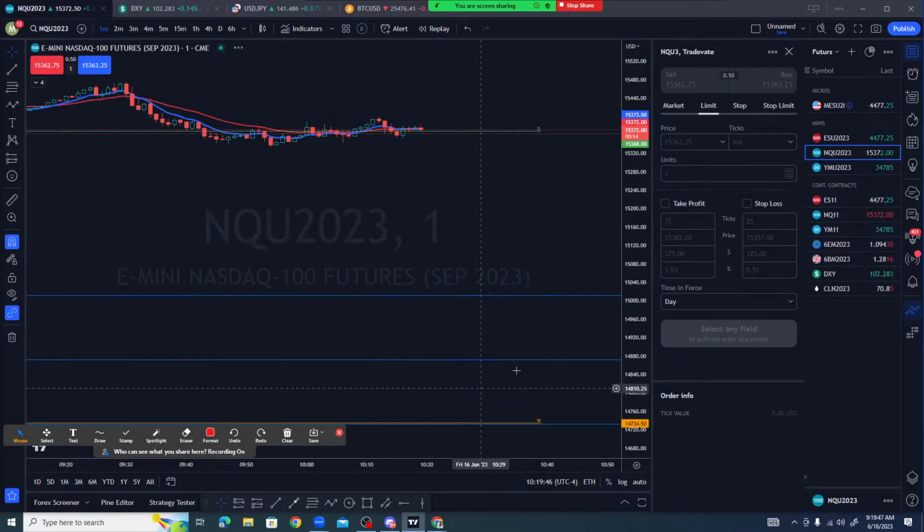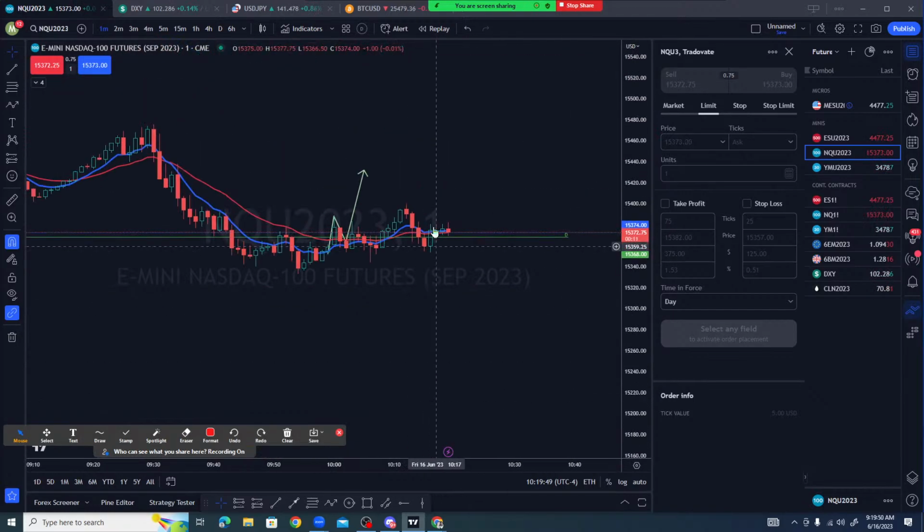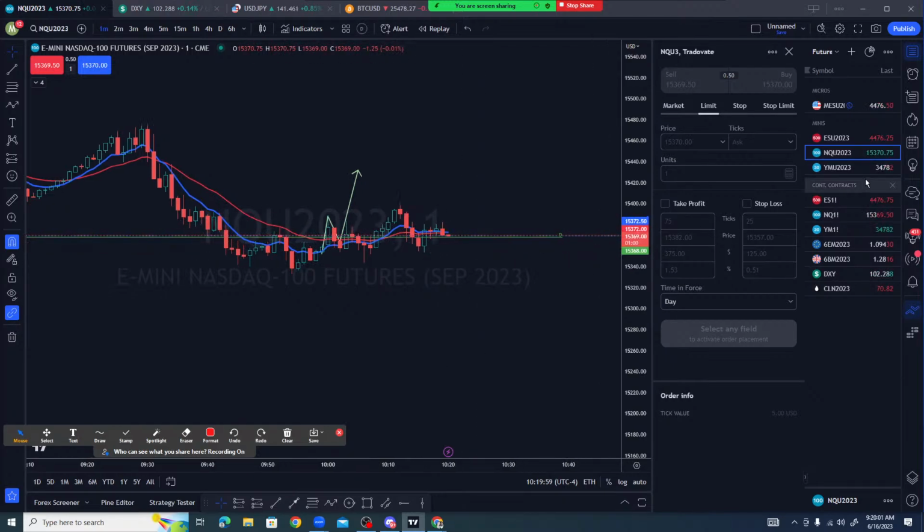It's NQ doing basically the same thing. Holding out right here on the daily price line. Just sideways action, man. The news didn't really do much for anything, and this action right here is just no good.